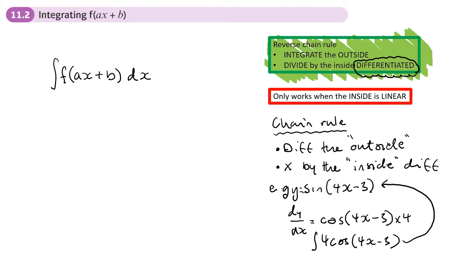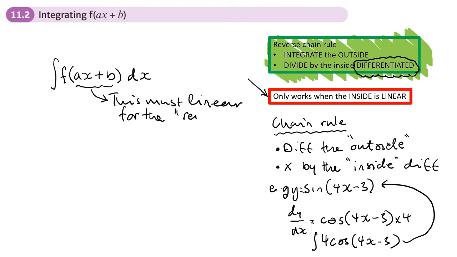But there's one caveat, one exception, and that is that this reverse chain rule only works when the inside is linear. So what's in the brackets here must be linear, and it is because it's ax plus b, for what I'm calling the reverse chain rule to work.